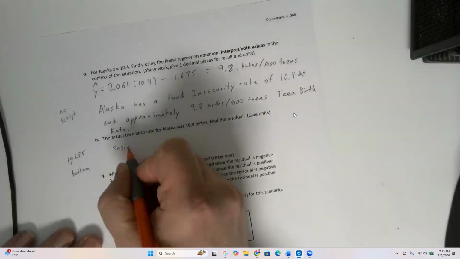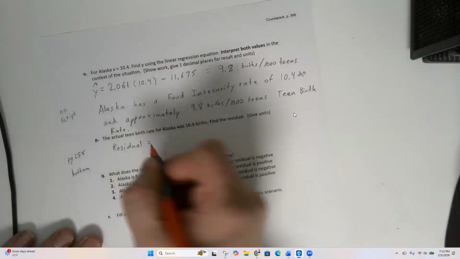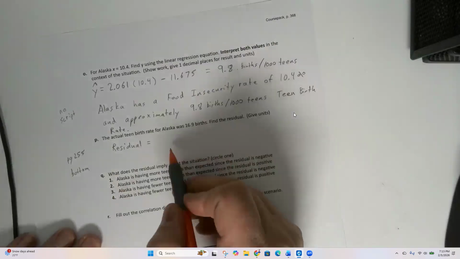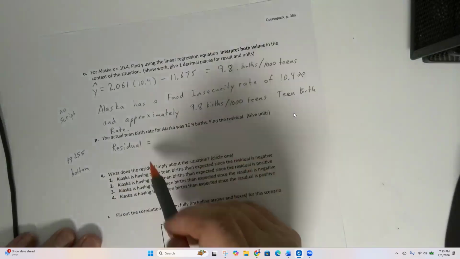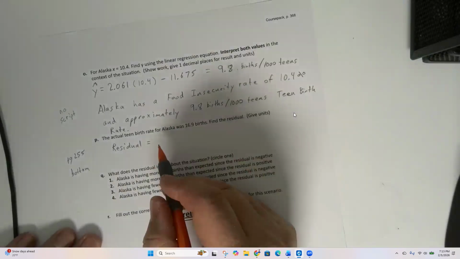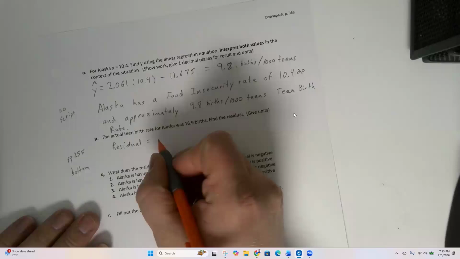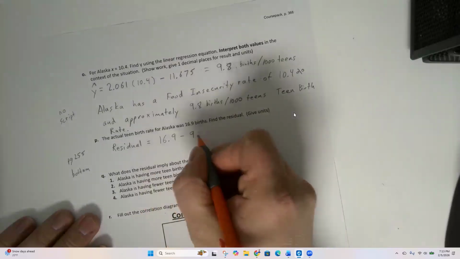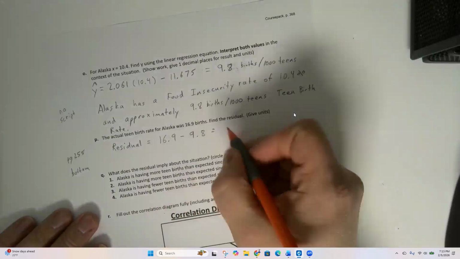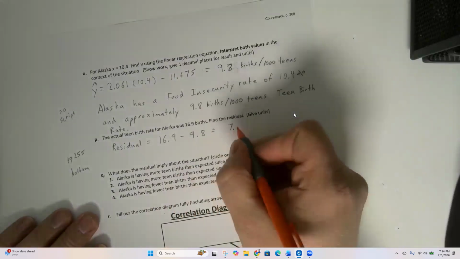Okay. So that's easy enough. Residual equals. So which one do I write first? The 6.9 or the 9.8? 6.9. Yep. Minus 9.8 in your calculator. Negative 2.9... 7.1.